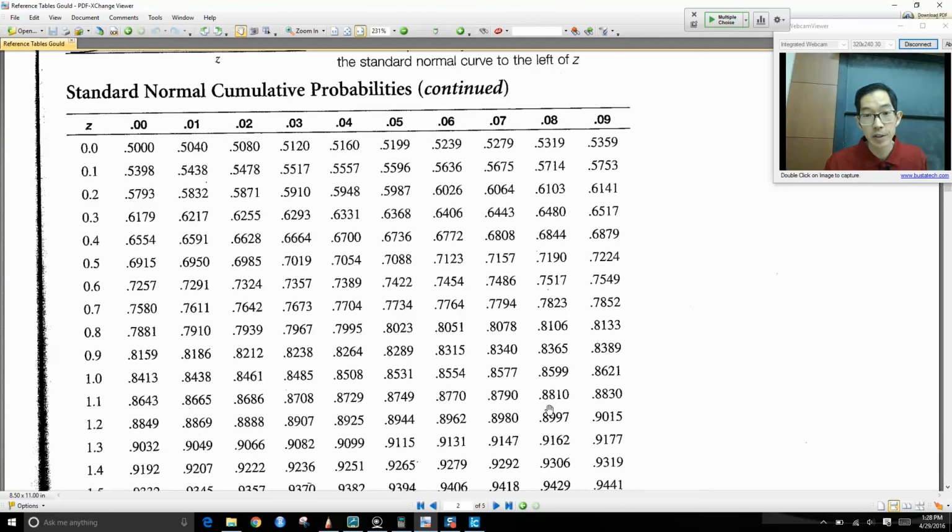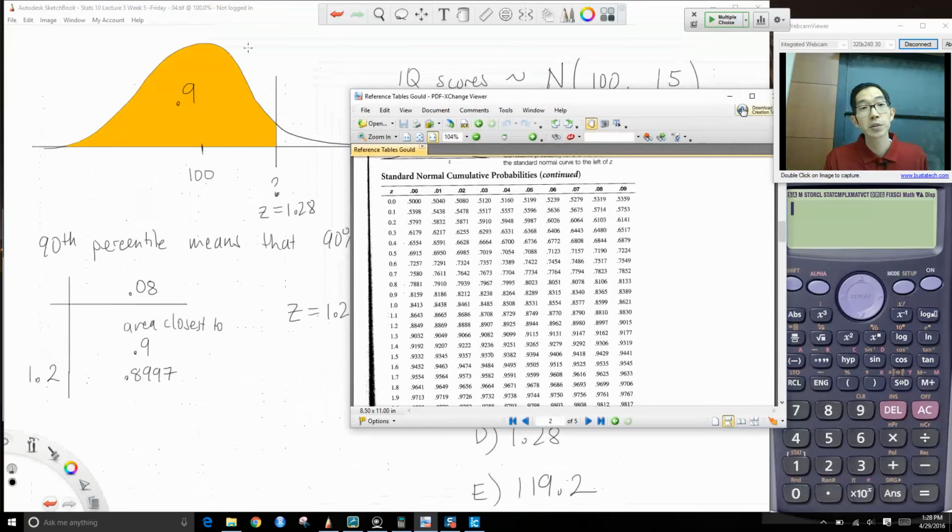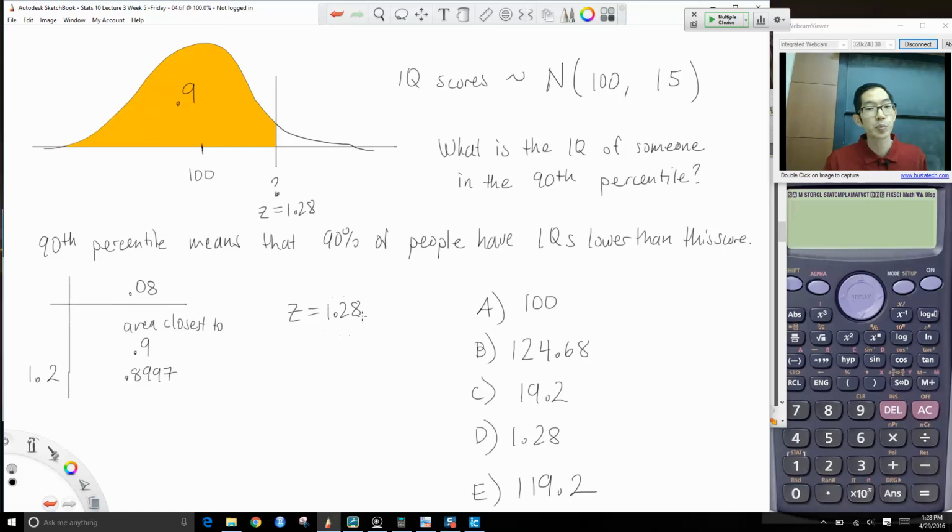This is the number I'm finding, right? 0.8997. You guys see that? Okay, what is the row that it's in? It's in the row 1.2. And what is the column it's in? It's in the column 0.08. Okay? So we're going to put those two together, 1.2 and 0.08, and those two combine to make 1.28. Is that okay?